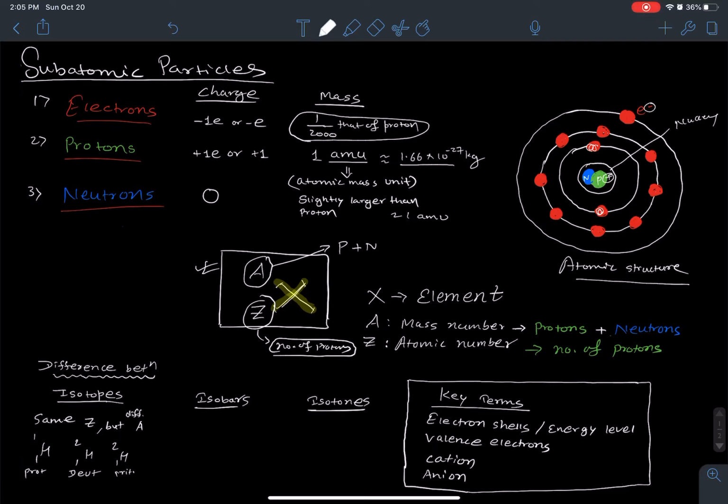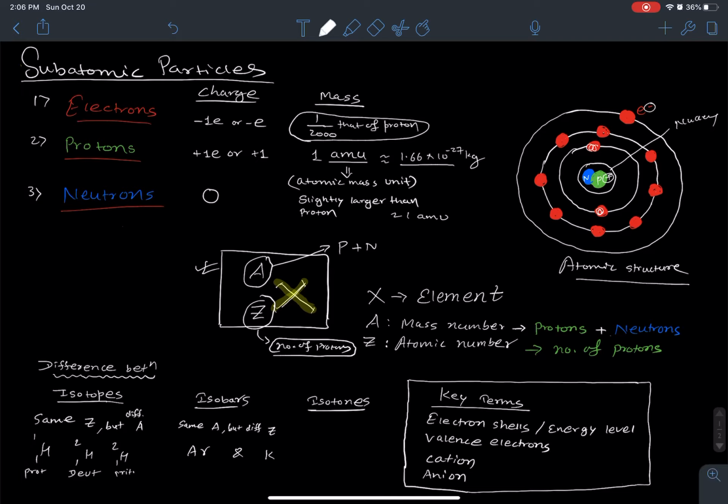The isobars are just the opposite of it. They have the same mass number, but a different atomic number. For example, look at argon and potassium.